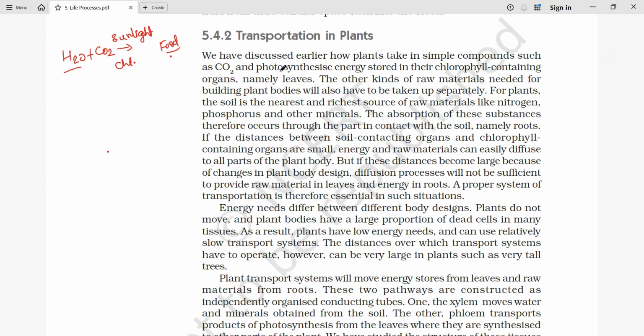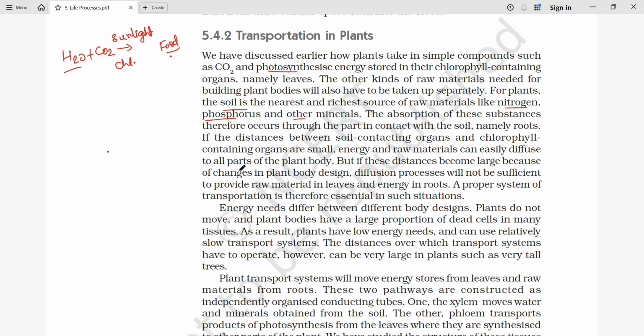In the photosynthesis process, energy is stored in the leaves. To complete photosynthesis, plants require water, so how do they get the water from the soil? Soil is the nearest and richest source of raw materials, such as nitrogen, phosphorus, and other materials.